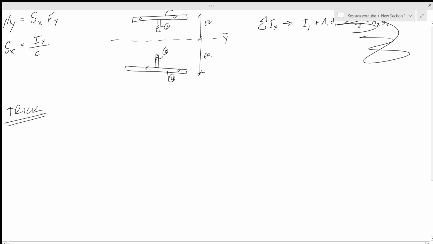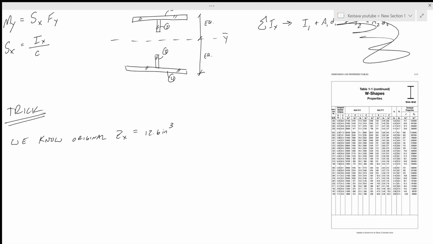So instead of doing all of that, we can do something like this instead. Check this out. We know that the original Zx equals 12.6 inches cubed, and you can find that from Table 1-1 in your steel manual under the W10x12 section.